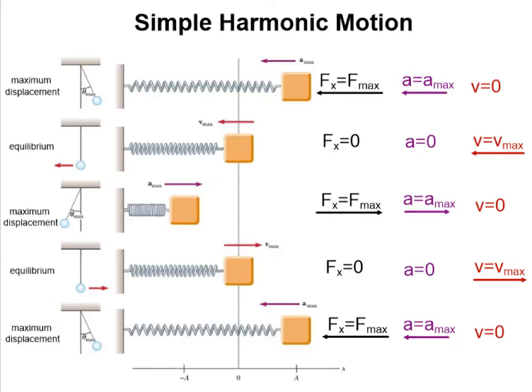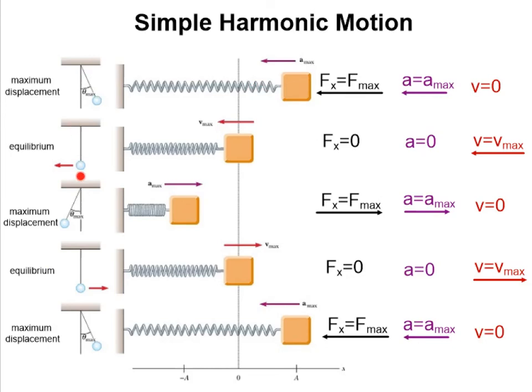Here's a table comparing simple harmonic motion of a pendulum and the simple harmonic motion of a mass spring system. You can see when these systems are at maximum displacement here for the pendulum, and here this mass is being pulled back from equilibrium, these things are true about force and acceleration and velocity.